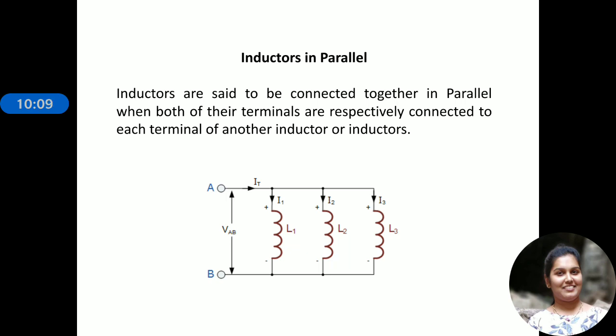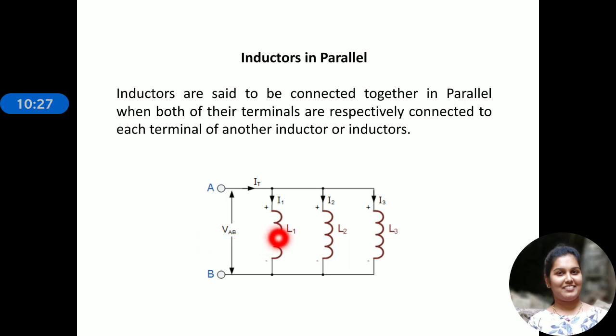For example, if you take the inductor L1, it will have a voltage of VL1. For inductor L2, the voltage will be VL2. The voltage for L3 is VL3, and the supply voltage is nothing but VAB.